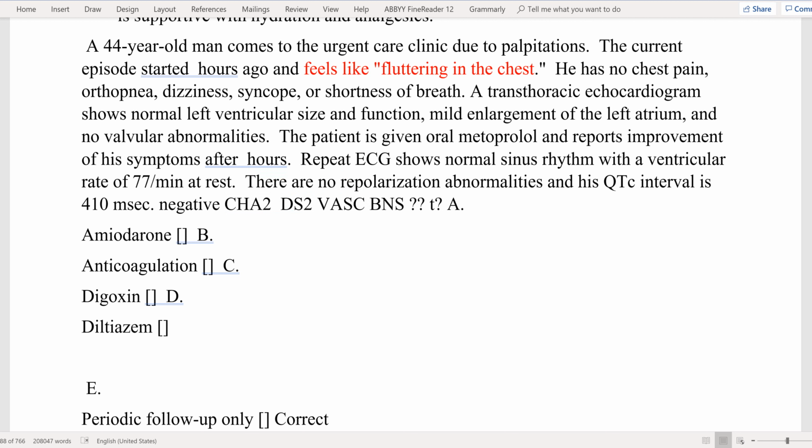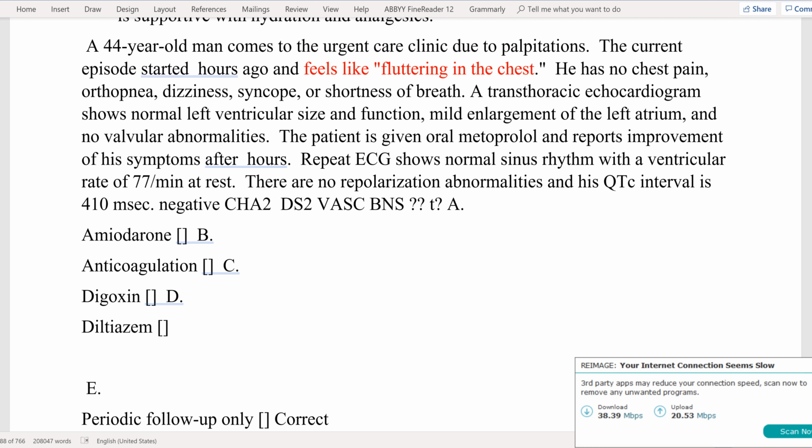If there is vascular lesion, like prior MI, peripheral artery disease, or aortic plaque, this is 1. Age between 65 to 74, you give it 1. So there are 2 ages, so you only choose 1. If it's age more than 75, you give 2. If it's less than 75, you give 1.